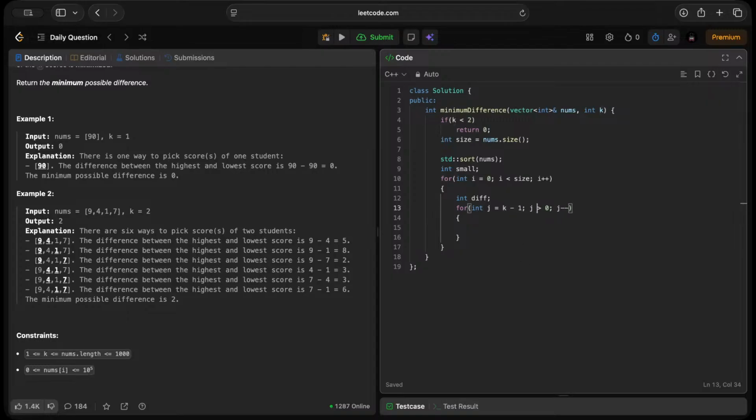This one less than or equal to, or, I guess we can start this off with k minus 1. Difference equals nums of i.